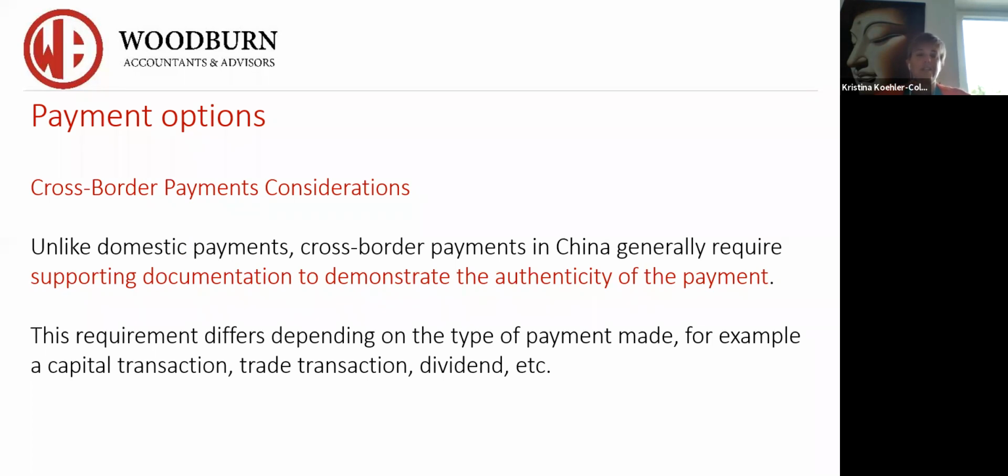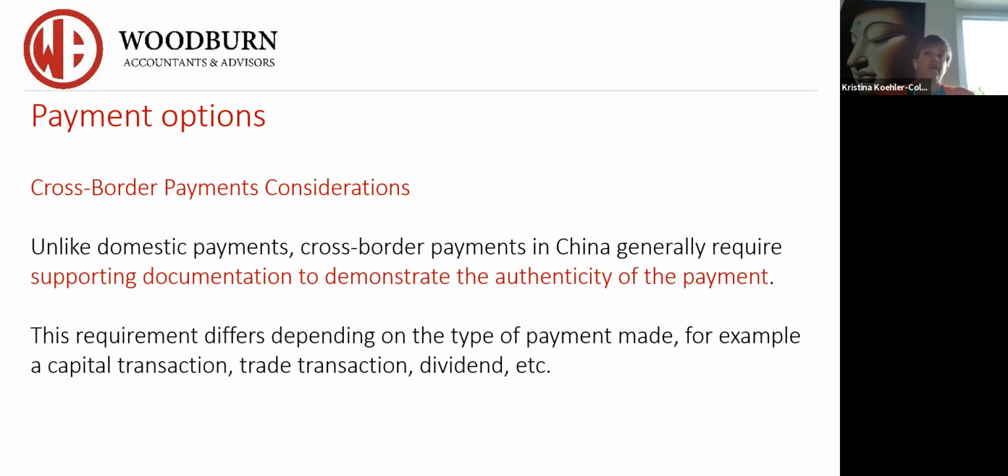The operational complexity arrives when you've got cross-border payment considerations. With cross-border payments, you need to provide supporting documentation to the bank to prove the authenticity of those transactions.